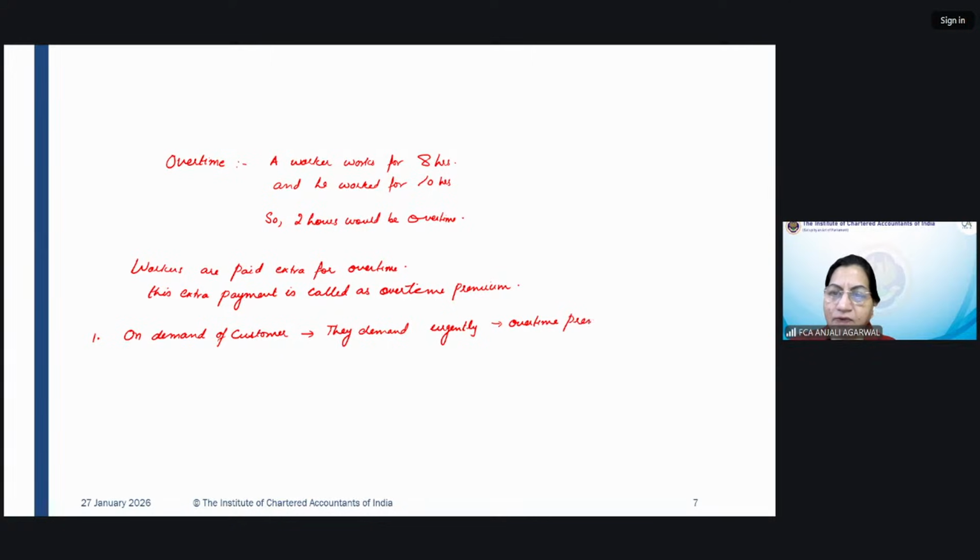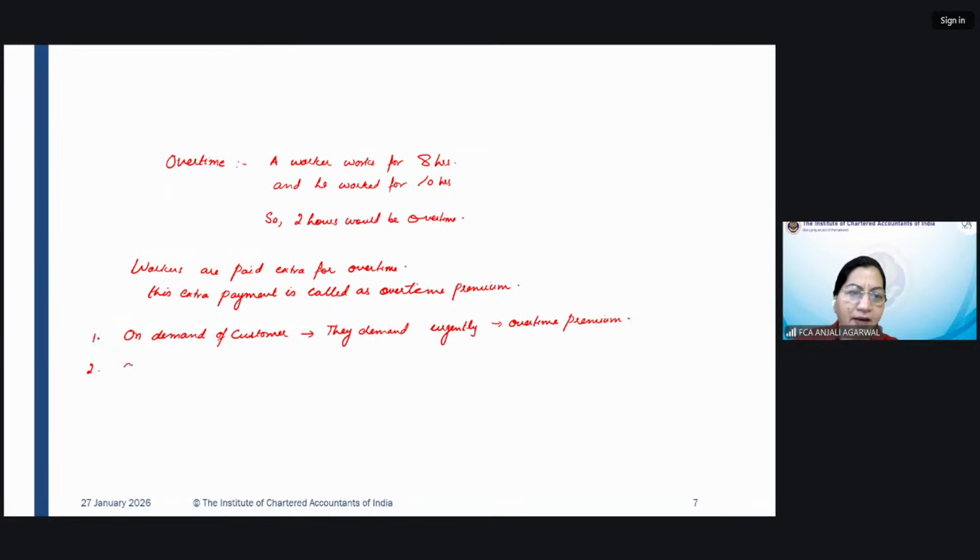So in that case, overtime premium is not treated as a cost which is going to overhead or abnormal. So this will be direct, just like direct wages. Here, the extra payment, overtime premium, will also be a part of the cost of wages.